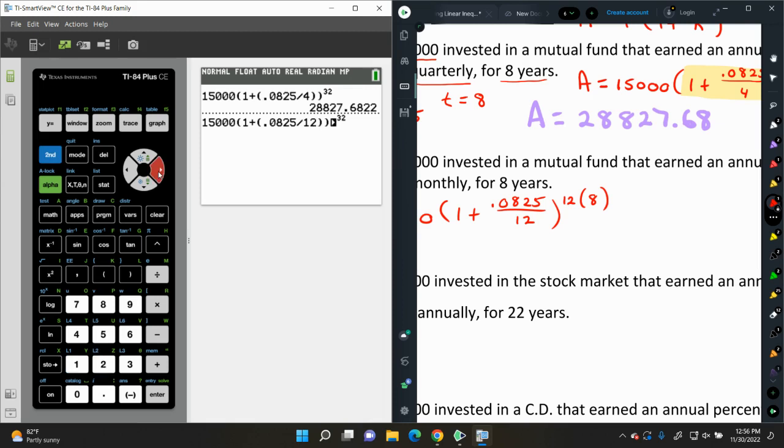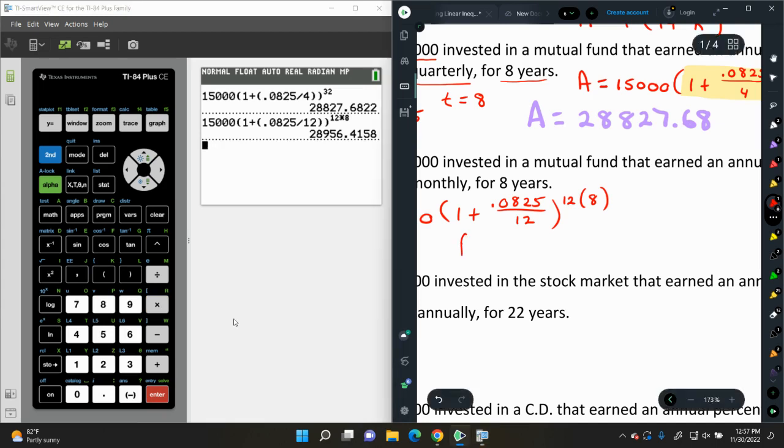And then the exponent, I'm going to do 12 times 8. And we get 28,956.42. We're talking about money, so I want to round to the 100th place, to the second decimal place when I'm talking about money, okay?